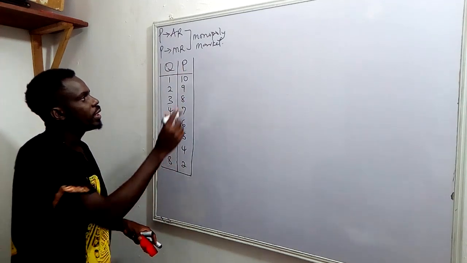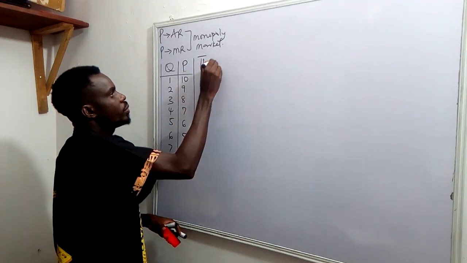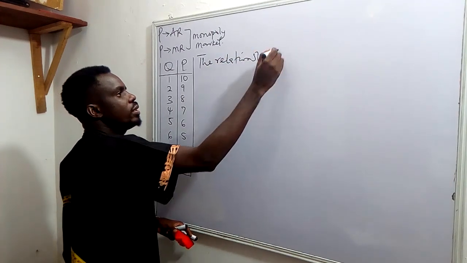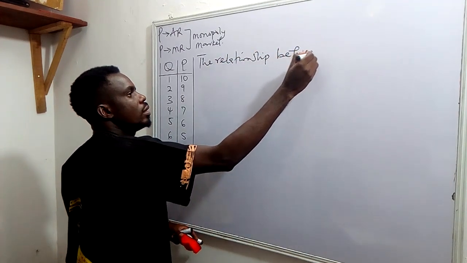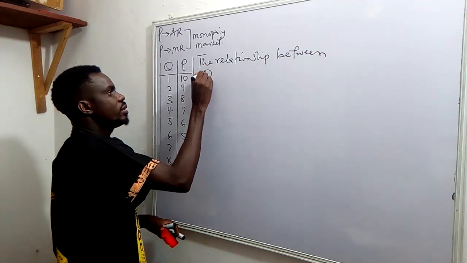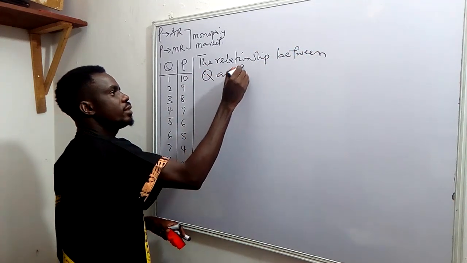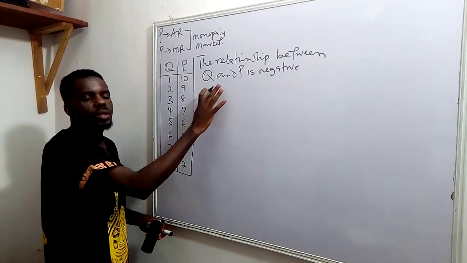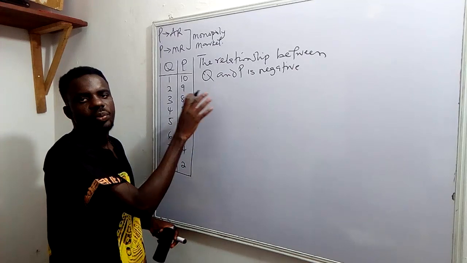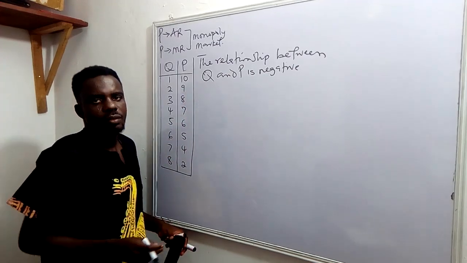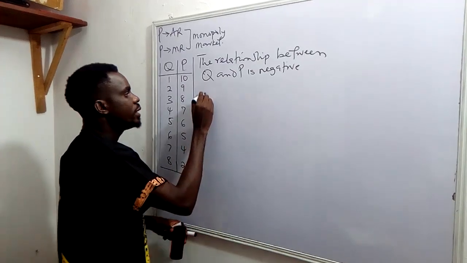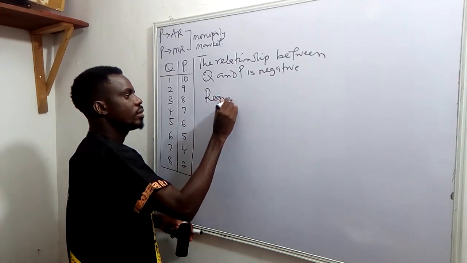The figures show that the relationship between quantity and price is negative. To empirically explain this assertion, we adopt regression analysis.